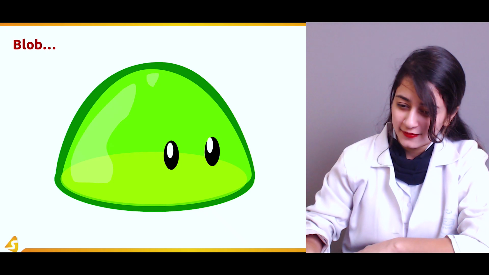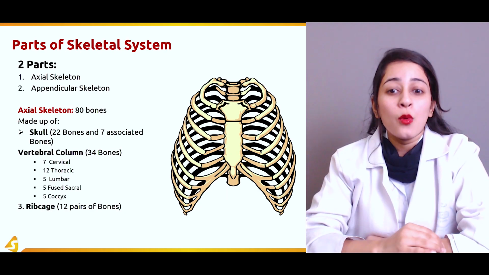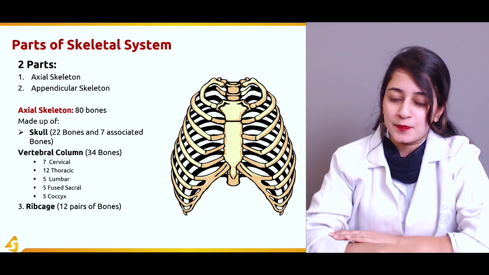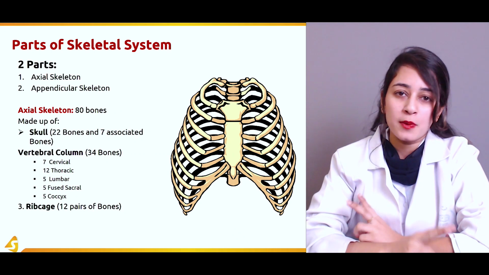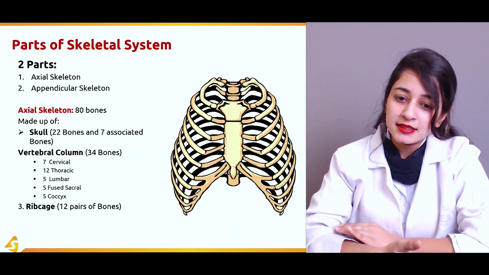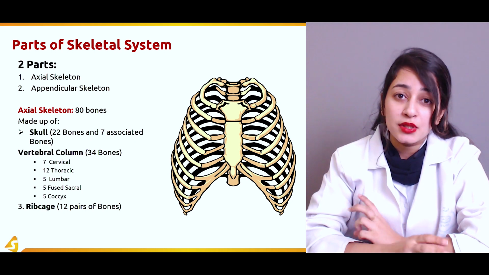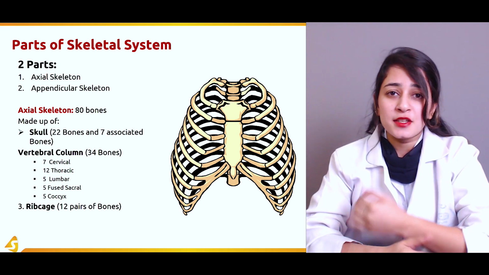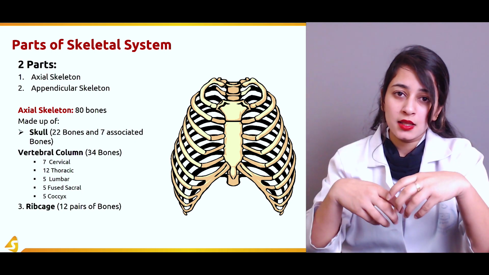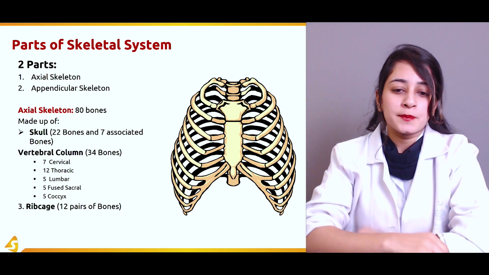Okay, so what are the parts of the skeletal system? Basically, we have two parts: the axial skeleton and the appendicular skeleton. You can say it's a division of our body into two parts.